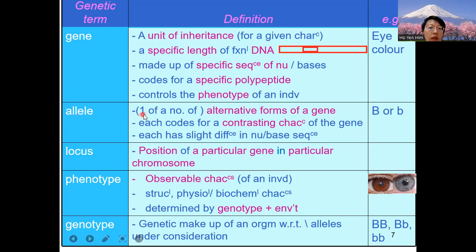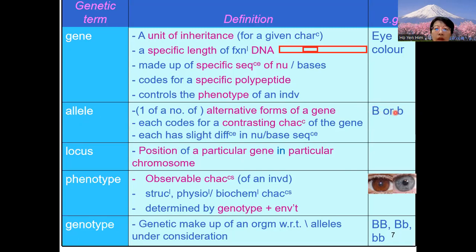Now, an allele is one of a number of alternative forms of a gene. So the gene may have many different alleles, alternative forms. Each allele codes for a contrasting characteristic of the gene, such as big B and small b, which are the alleles of the eye color gene.